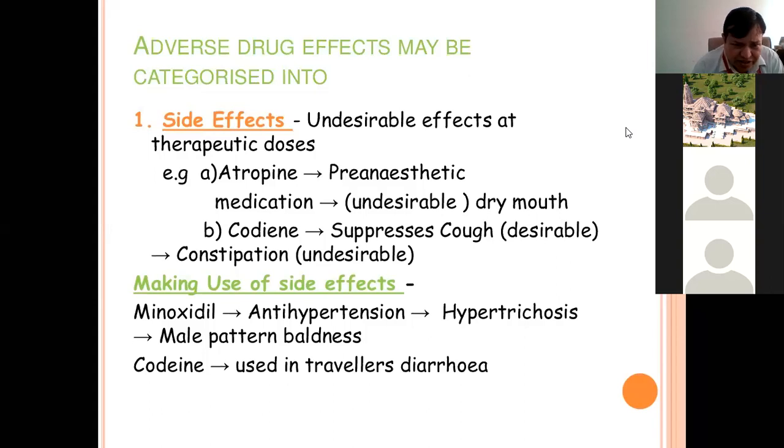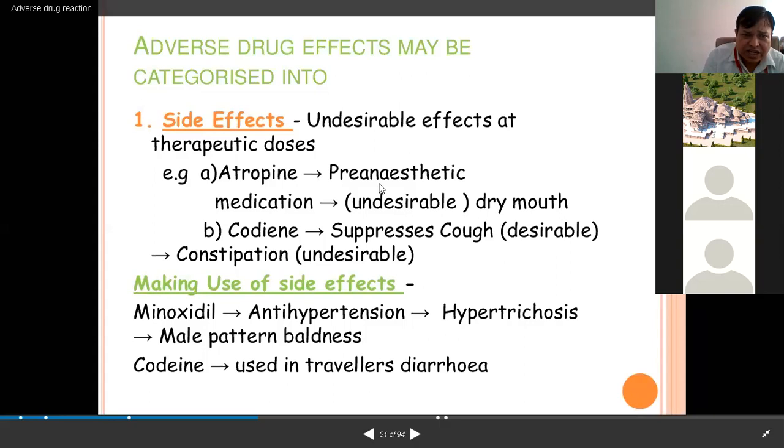That is a side effect. And codeine is used by travelers to avoid diarrhea, because its side effect is constipation. And this side effect we are using as an effect of the drug.